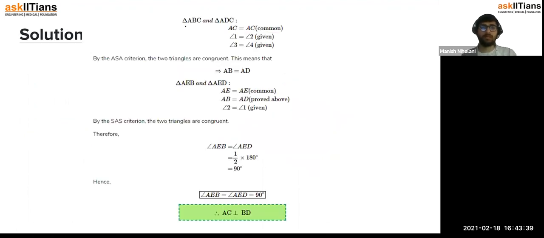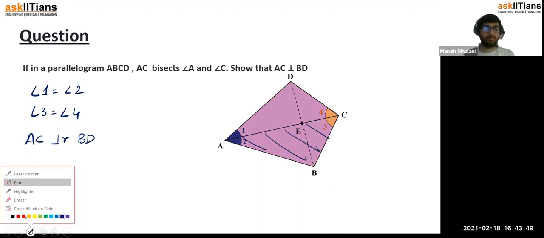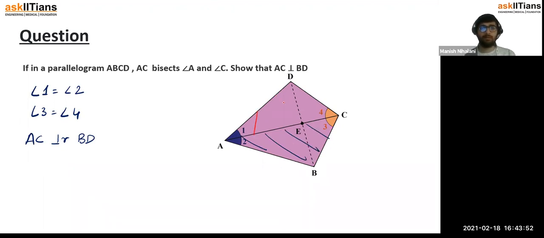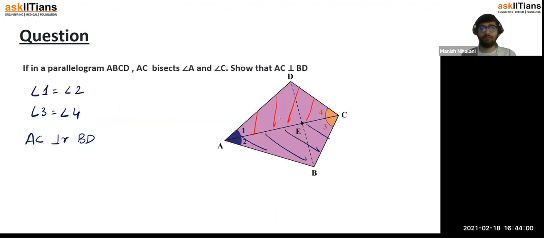We would say consider triangle ABC and triangle ADC. By the ASA criteria, the two triangles are congruent. This means AB equal to AD, right?